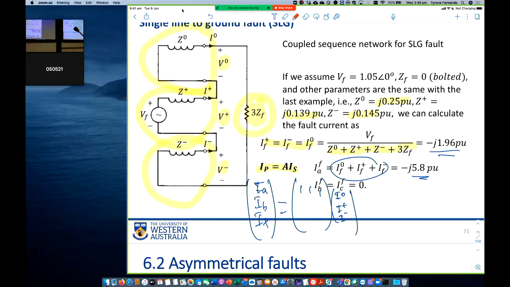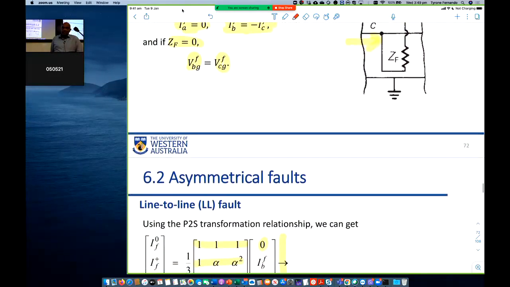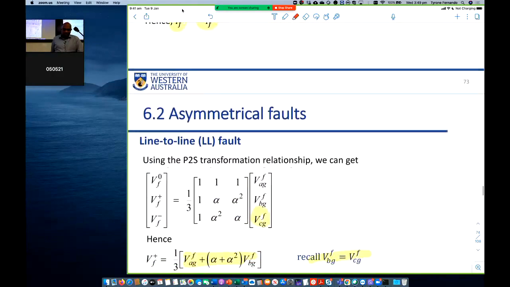And then once you know those sequence voltages and sequence currents, you can find the phase voltages and phase currents through that relationship, right? Vp equals A times Vs, Ip equals A times Is. That's it for the fault calculations.